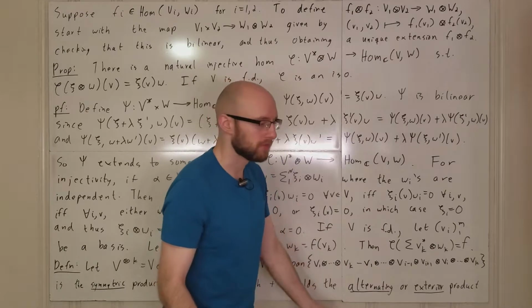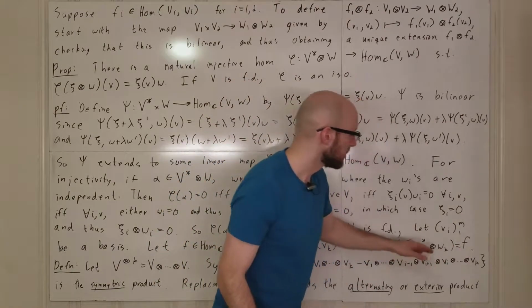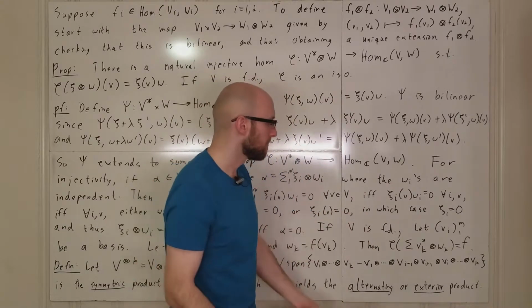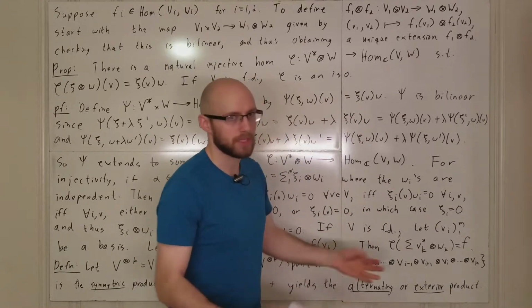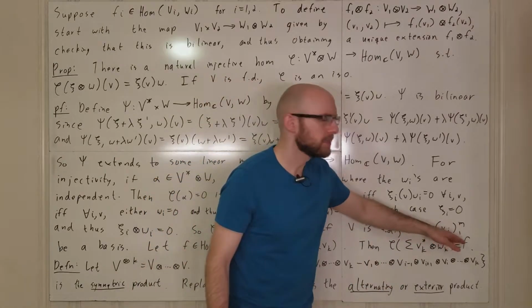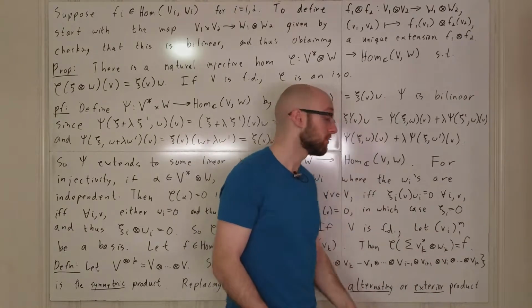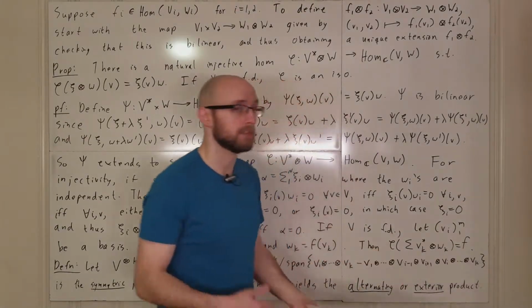And this holds for every single i. And so these two functions give you the exact same thing on all basis vectors vi. But if it holds for all basis vectors vi, then by linearity, it's going to hold for any vector you plug in here. And so these two maps are exactly the same.